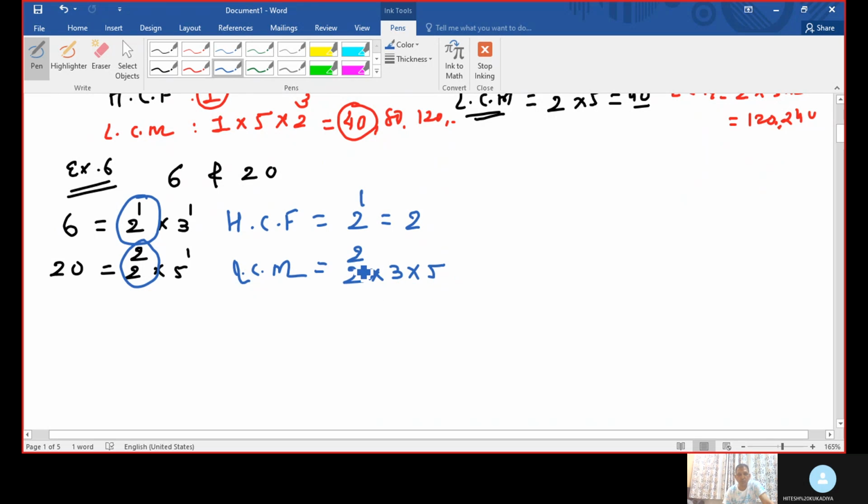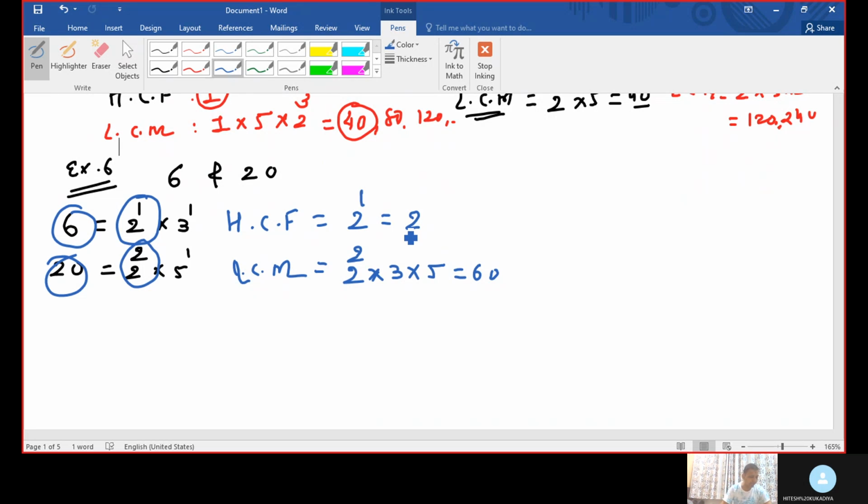So 2 raised to 2 is 4, 4 3s are 12, 12 5s are 60. Now speak your table of 6: 6 10s are 60. Speak your table of 20: 20 3s are 60. So 60 is the least common multiple of 6 and 20. This is your answer. So HCF is 2 and LCM is 60. Did you understand? Okay, done.